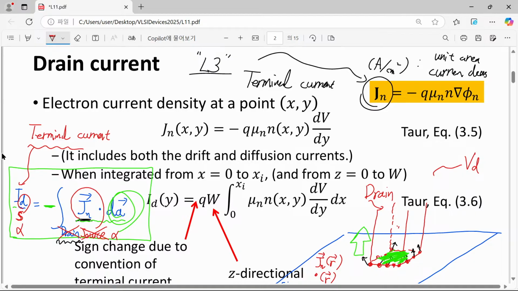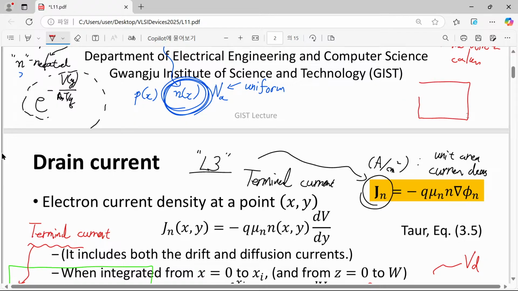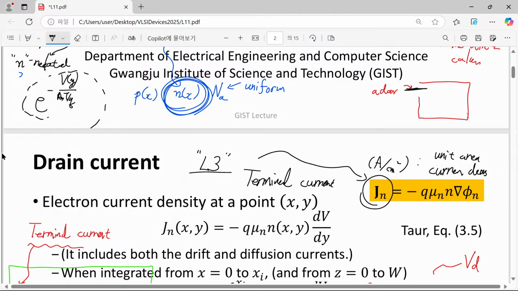Now let's say that we want to know the number of persons passing through the lecture room entrance, the lecture room door. Let's think about it this way. Assume that here we have a room and there is a door, and let's say that the number of persons passing through this door is quite important, say for 1 hour.